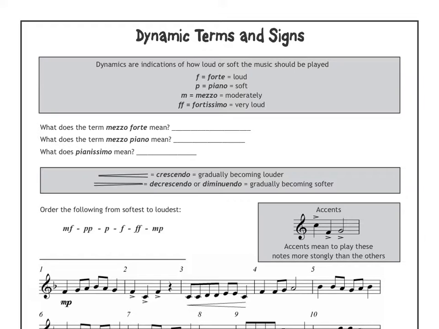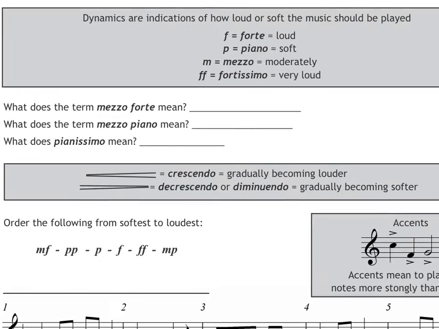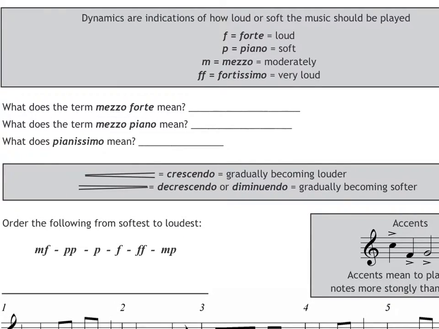Knowing that information, we'll go through this worksheet together a little bit. When it asks you what the term mezzo forte means, put those two words together: mezzo for moderately, and forte for loud. Moderately loud.